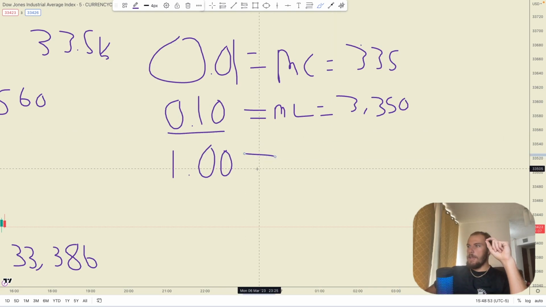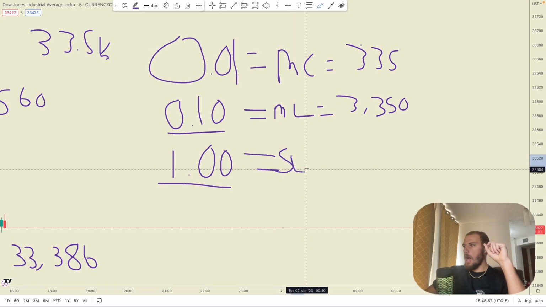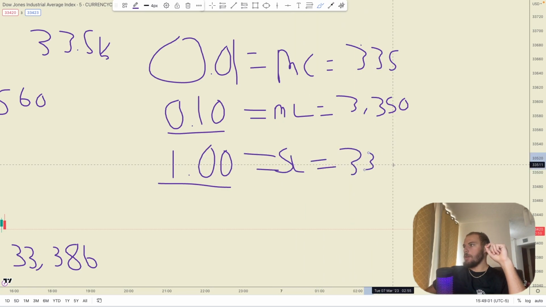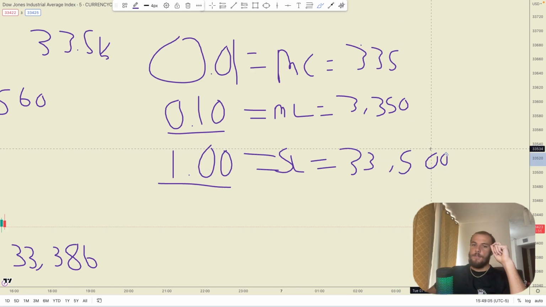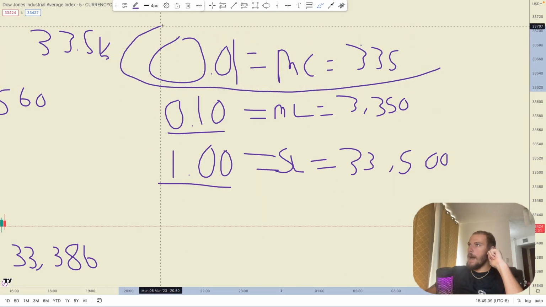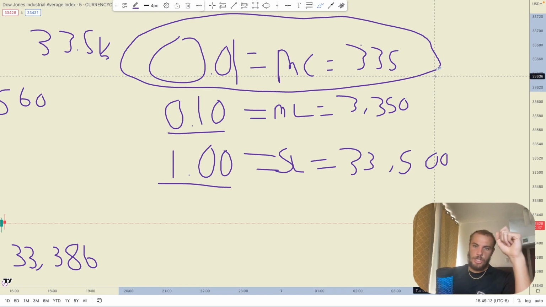And this right here, the 1.00, is a standard or full lot, and with that you would be trading the whole $33,500. If you're brand new to Forex trading, stick to micro lots because it will be a lot less stressful, and with stress comes mistakes.